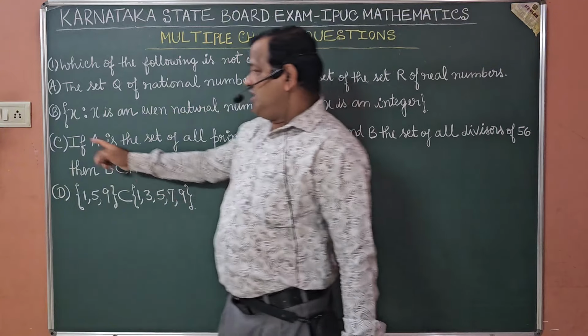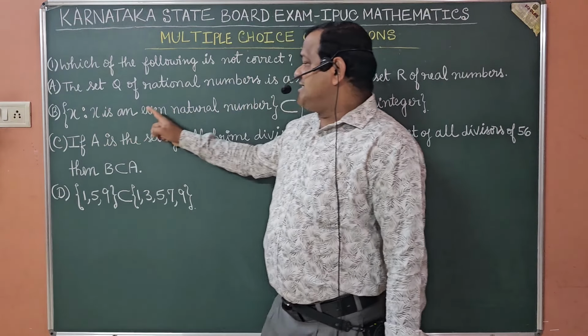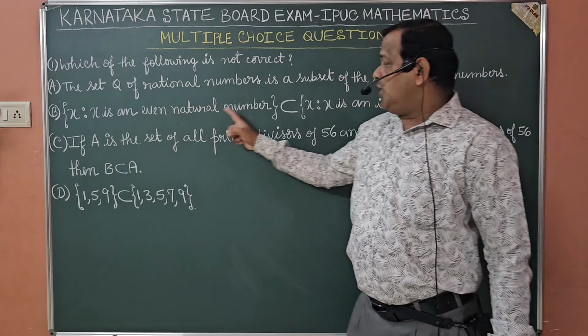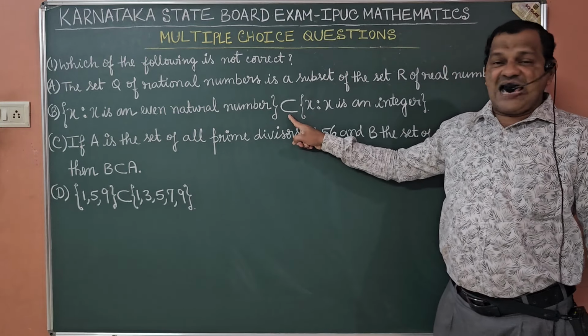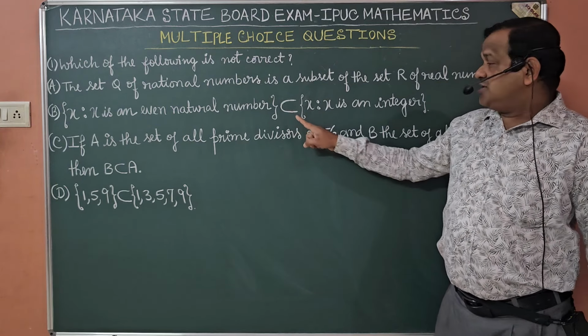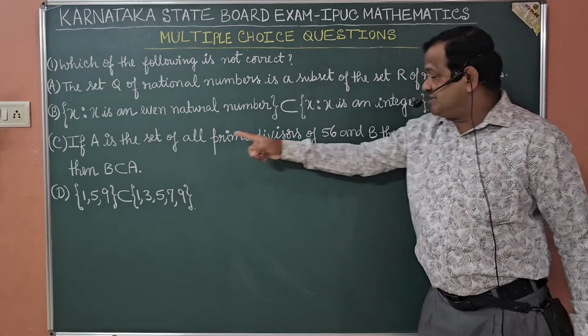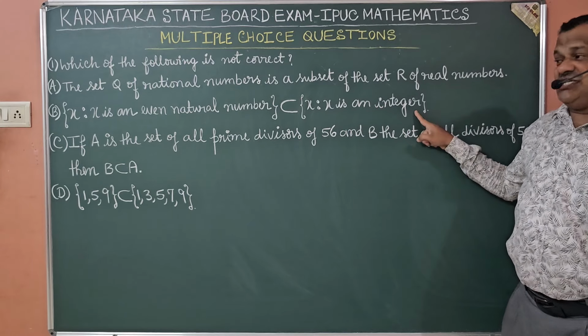Second option, B: the set of all x such that x is an even natural number, this symbol we read as "subset of", that means the left side is a smaller set, is a subset of the set of all x such that x is an integer.